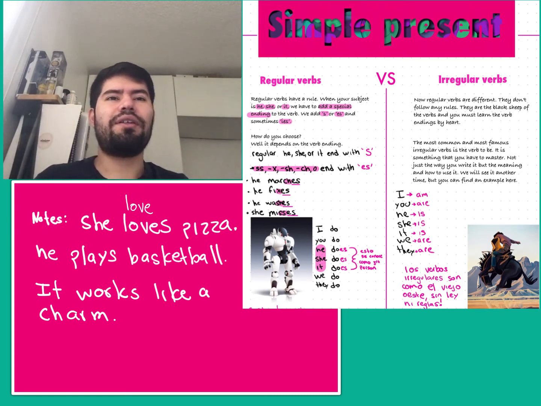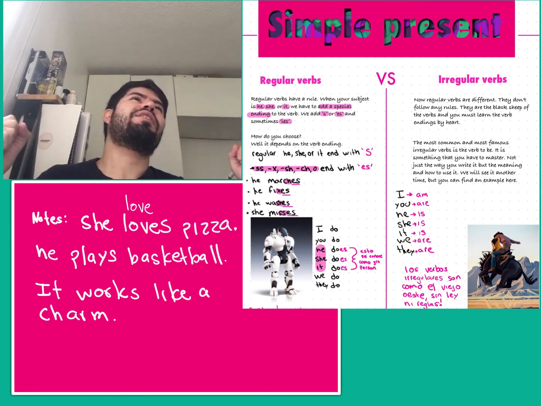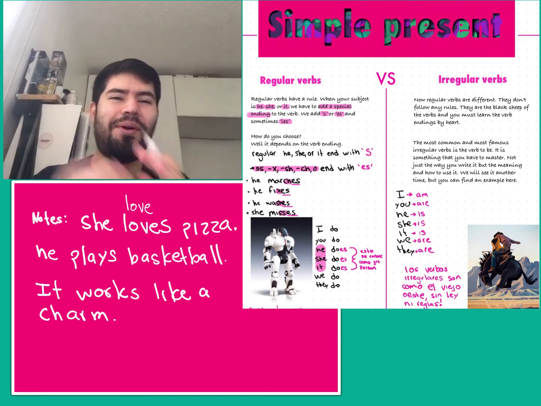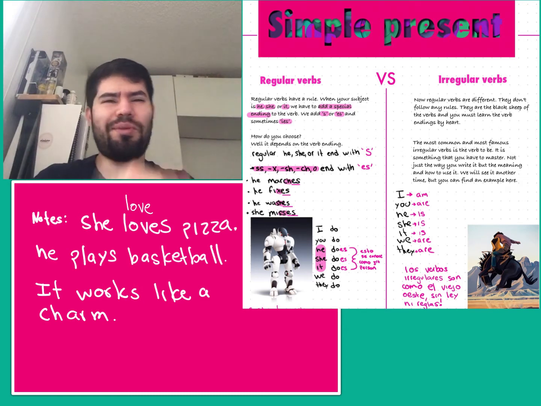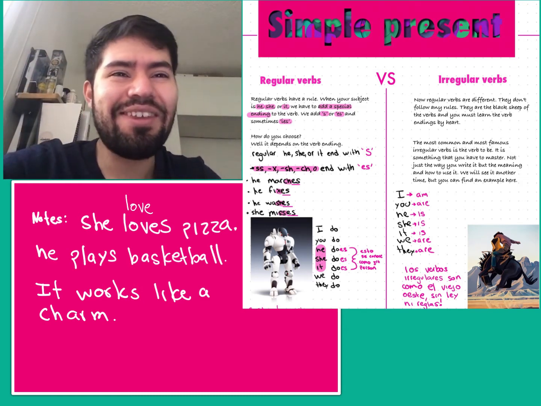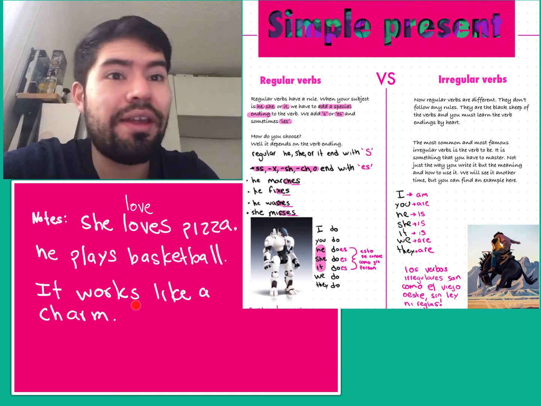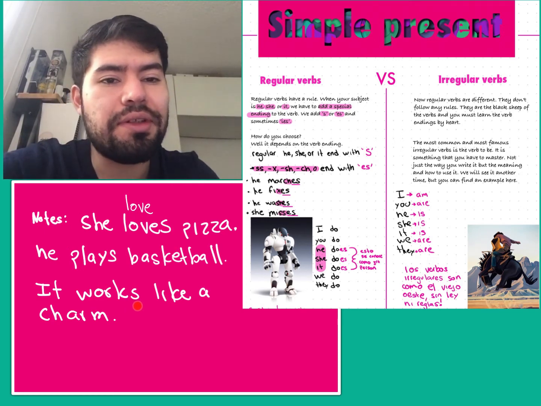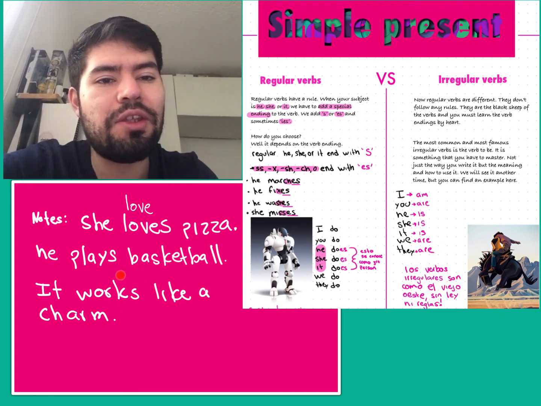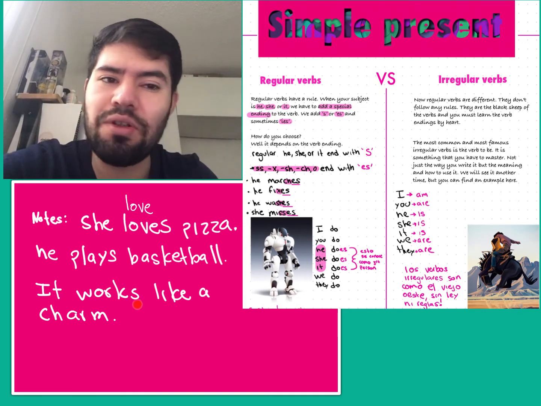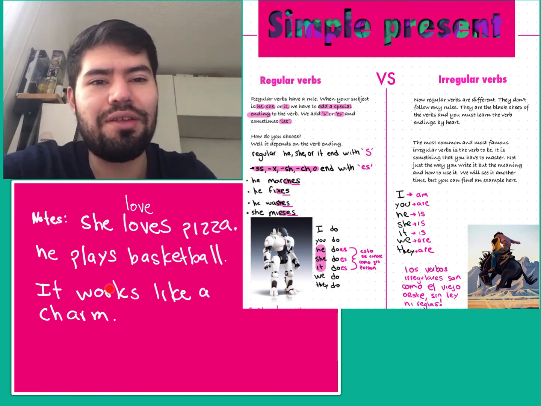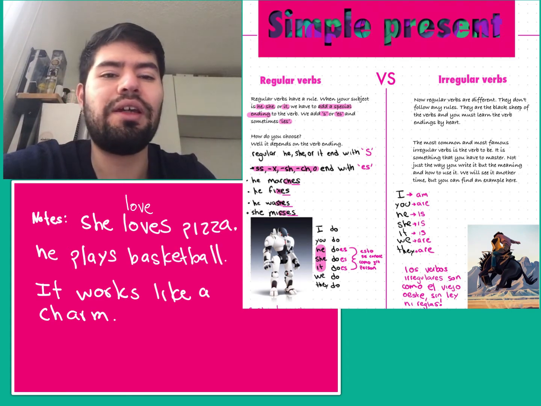Aquí de nuevo, sigue siendo tercera persona, aunque estemos hablando de un objeto. Dependiendo de la terminación de mi verbo, aquí es una K, entonces nada más le agregamos una S. It works like a charm.